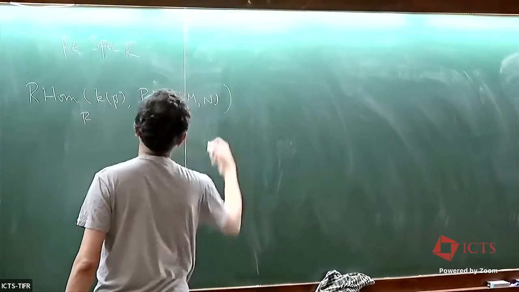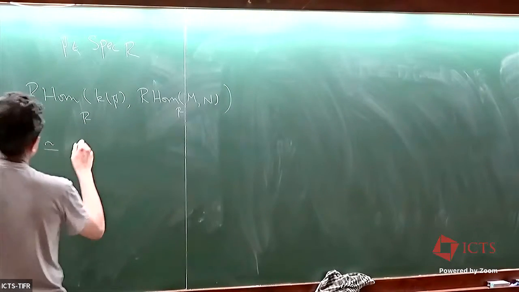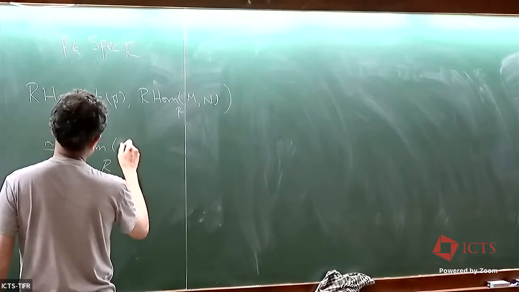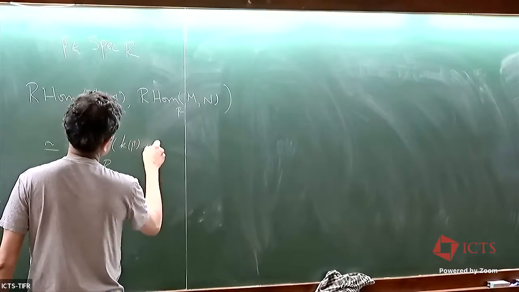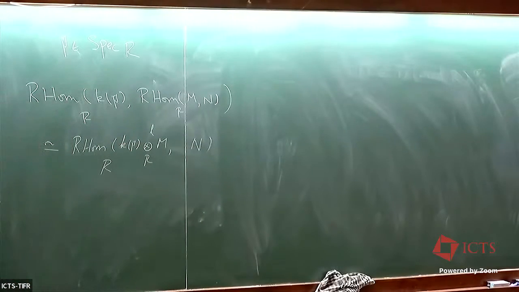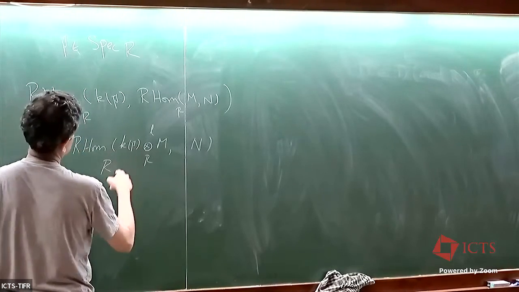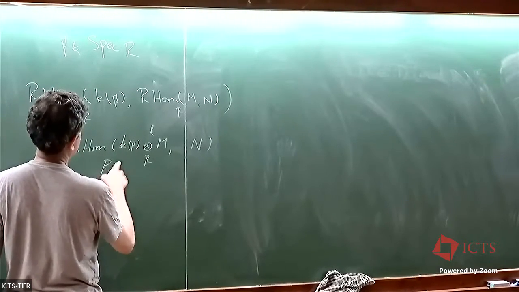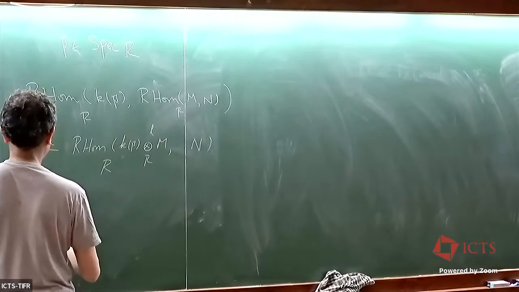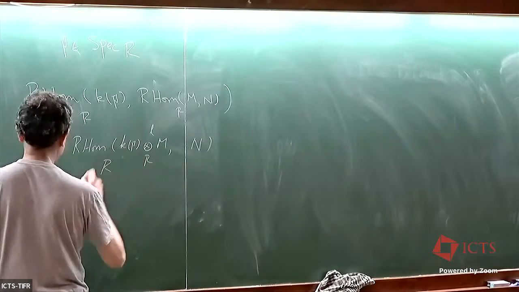Okay, then adjunction tells you that this is the same as maps from the residue field tensor M to N. Now, here's another place where I'm using the commutativity. Because the ring is commutative, the R action, I can also take it. So this one is just equivalent to copies of the residue field, and the R action factors through k(p).